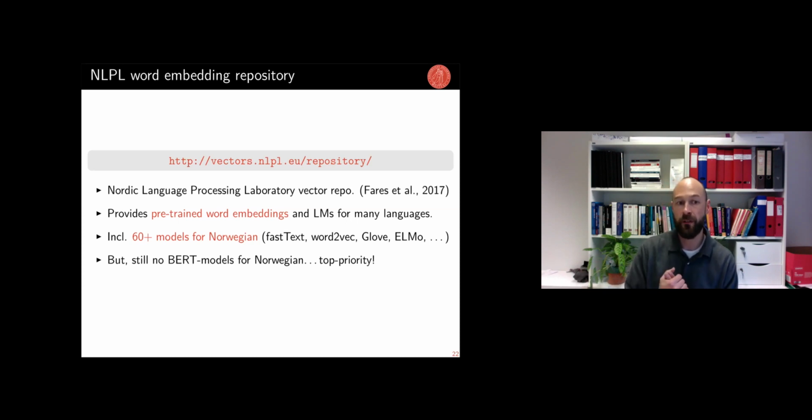This repository currently holds between 60 and 70 different language models pre-trained for Norwegian, using well-known tools like FastText, Word2Vec, GloVe, and ELMo. But unfortunately, at this point, we're still missing models for BERT. So that's maybe the top priority at this point, to get that in place.